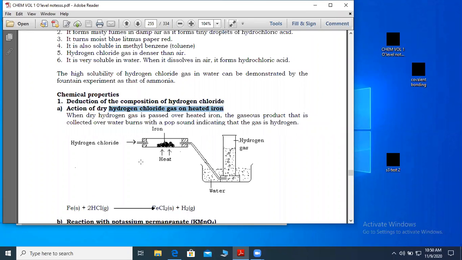I repeat, chlorine, when it is passed over heated iron, the product is iron 3 chloride. But when hydrogen chloride is passed over heated iron, the product is iron 2 chloride plus hydrogen gas. Please keep remembering that and don't forget.